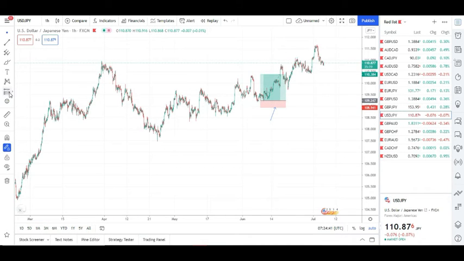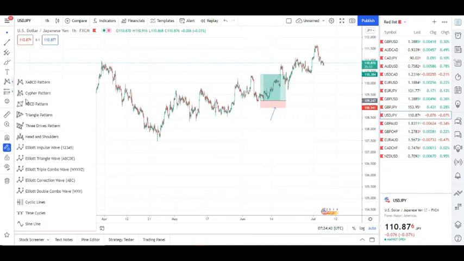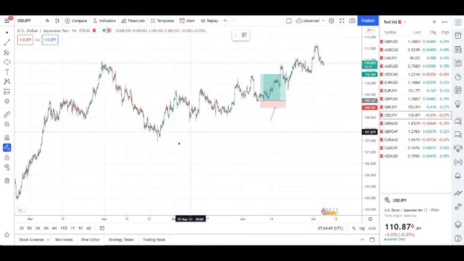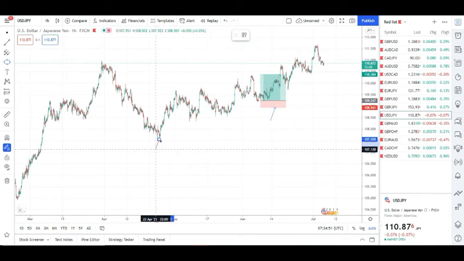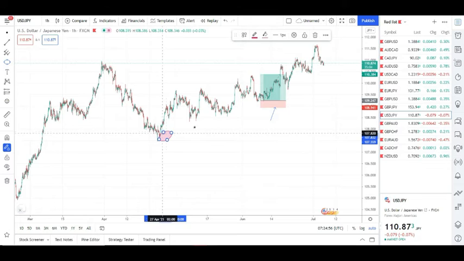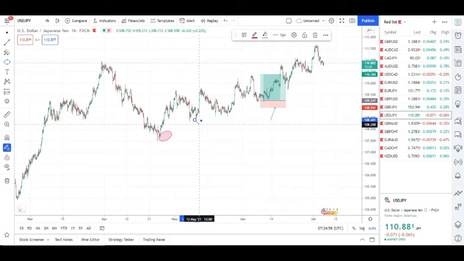As you can see, the first trend line here, the market's rallying up.